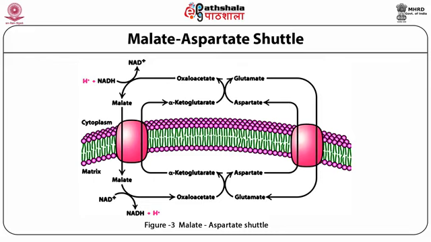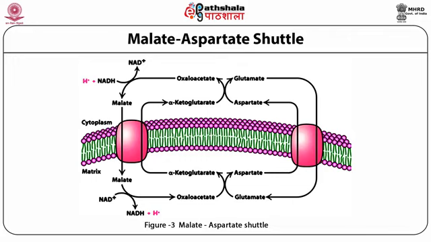Since aspartate is an amino acid, an amino group needs to be added to the oxaloacetate. The second antiporter, the glutamate aspartate antiporter, imports glutamate from the cytosol into the matrix and exports aspartate from the matrix to the cytosol.